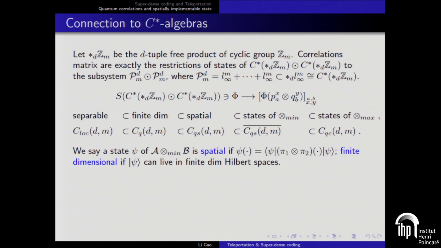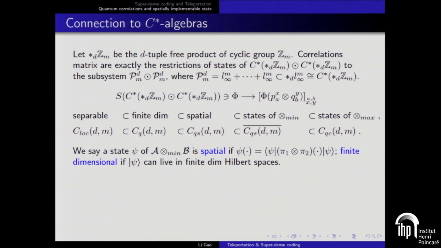Let's introduce two more notions. We say a state on the minimal tensor product of two C-star algebras is spatial if it can be implemented by a vector in some spatial tensor product representation. It is finite dimensional if this vector can live in some finite dimensional Hilbert space.